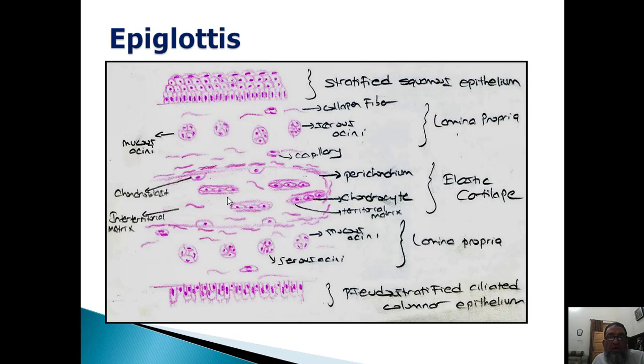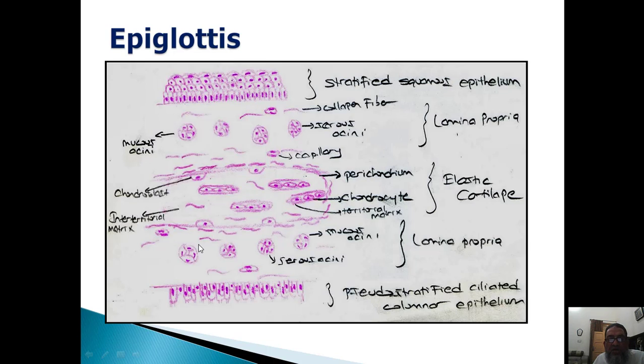All the features of elastic cartilage: chondrocyte, territorial matrix, interterritorial matrix, then the perichondrium membrane. Then again, not serosa, but lamina propria. The next, fourth layer is again the lamina propria.